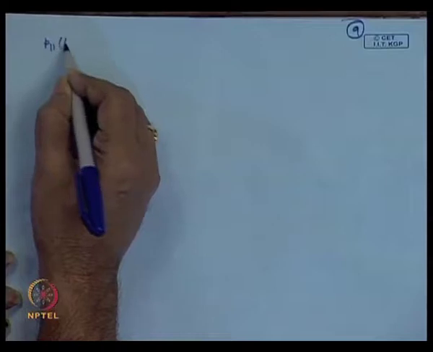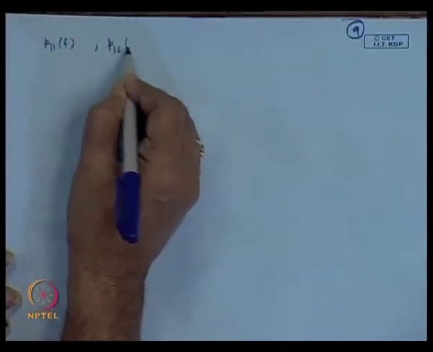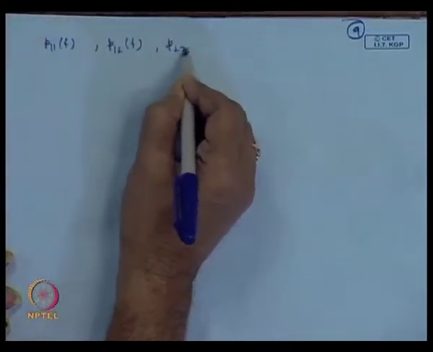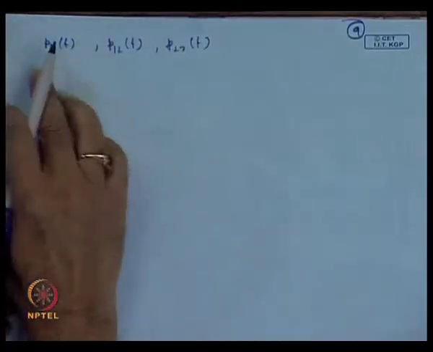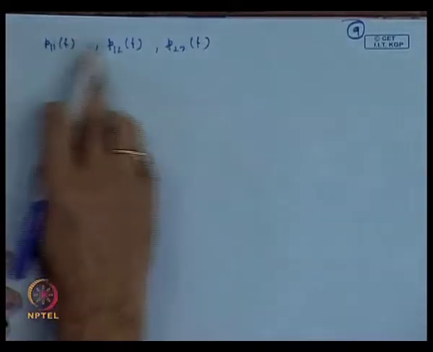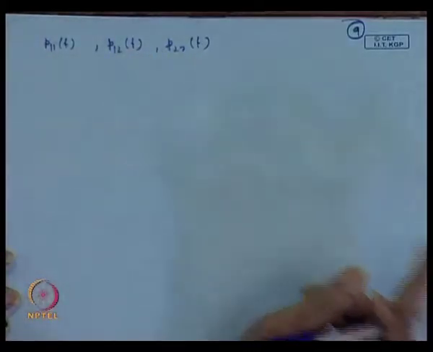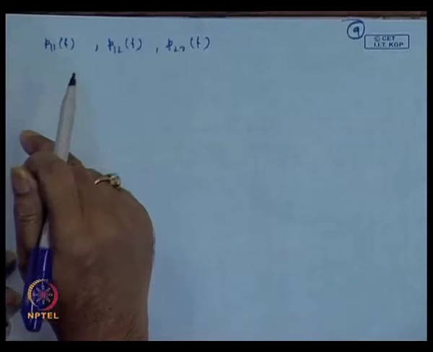I leave this problem as an exercise: solve it by a numerical method to find the trajectory of P 1 of t and P 2 of t, from T f back to T 0, where T 0 is equal to 0.